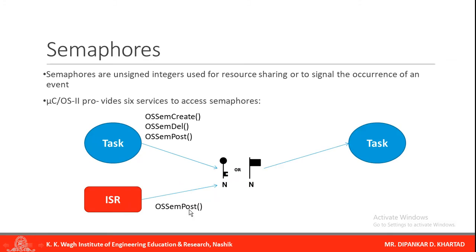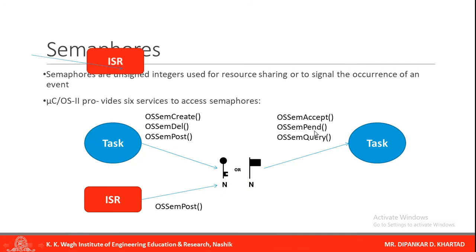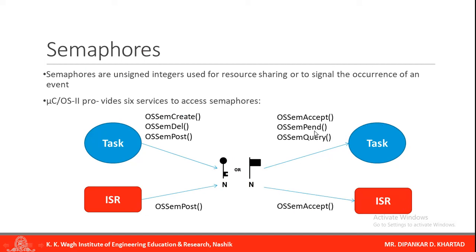Again, task: OSM accept, OSM pend, OSM query, and OSM accept. So this is the relationship of semaphore used by task and ISR. So there are the 6 services: OSM create, OSM delete, OSM post, OSM accept, OSM pend, and OSM query. We will talk about them one by one.